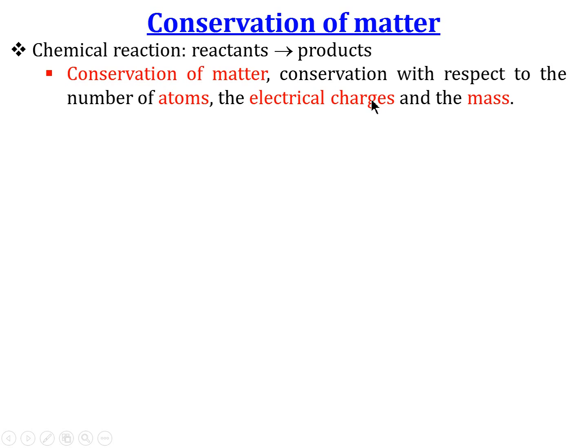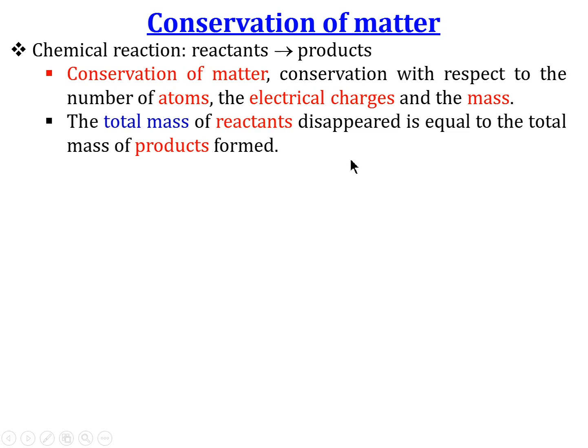We have conservation of the electrical charge. The charge of the reactants is equal to the charge of the products. And we have also the conservation of mass, where the total mass of the reactants that disappeared is equal to the total mass of the products formed.